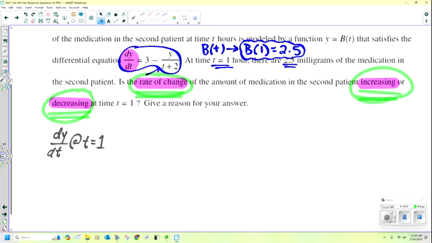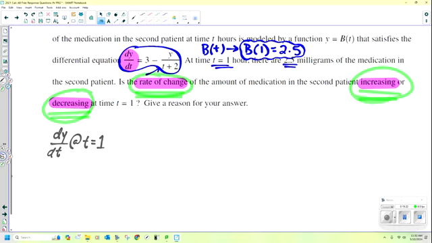I want to see what that's doing. Then I'm going to compare the second derivative, d2y over dt2 at time equals 1, and compare them. It's kind of like when a particle is speeding up or slowing down. All right? So let's take a look at this. This is not our answer. We need to do the second derivative as well.